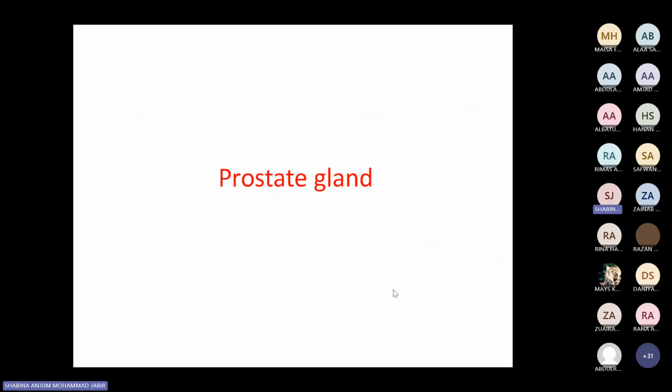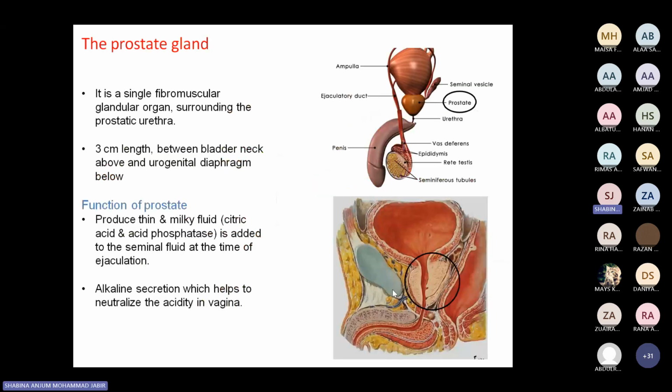Now we have the prostate gland. When you go to the museum, you will find many models showing the prostate gland. This is the location.